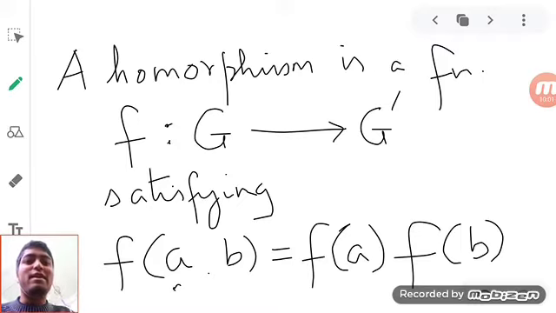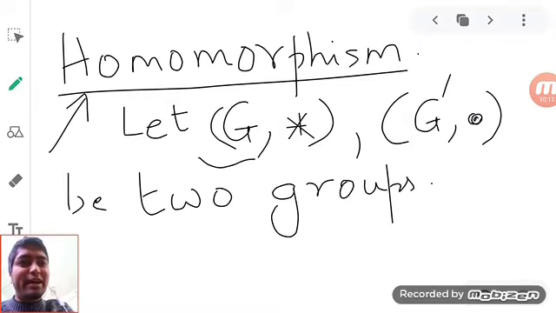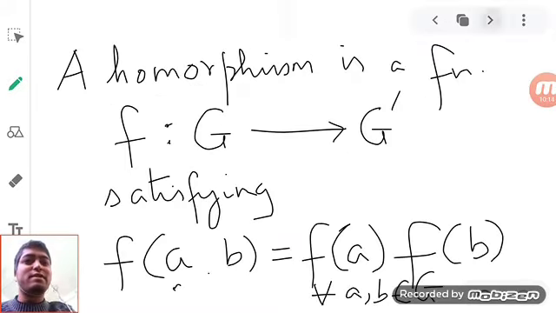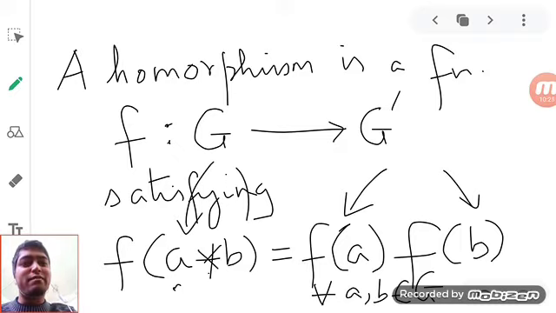Here a and b are elements of G, for all a, b belonging to G. That is why, since they are elements of G, we use star between them. Whereas f(a) is an element of G dash, and similarly f(b) is an element of G dash.